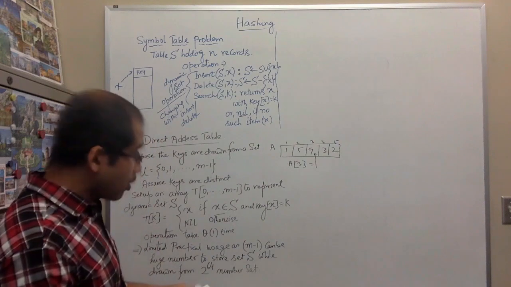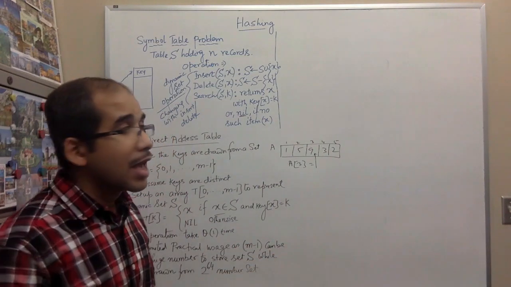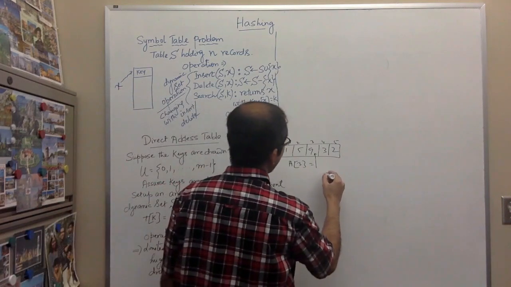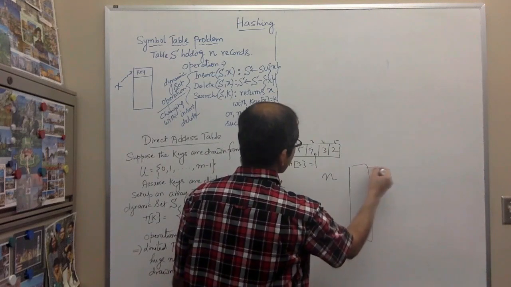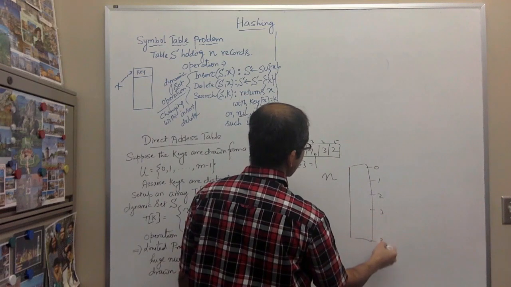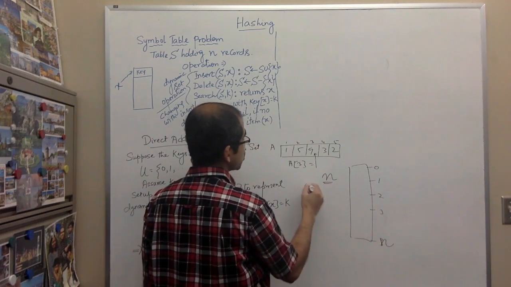Now consider you have a large number of elements, suppose n elements, and you have an array with n positions, 0, 1, 2, 3, up to n. The n elements are also 0 to n.